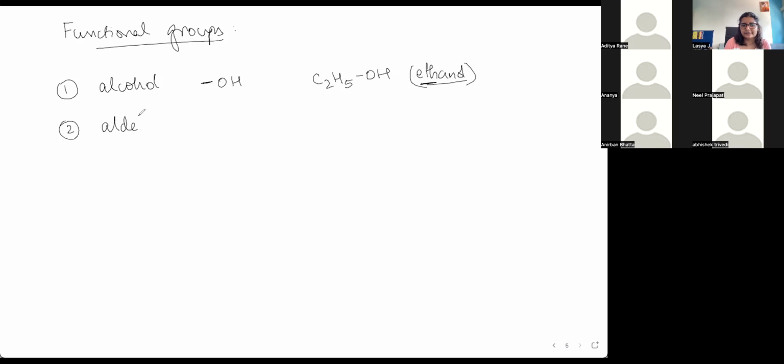Then you have aldehyde. Aldehyde is when it ends in CHO. CHO means C double bond O, and H. So this is the structure. Neki is asking, is alcohol a functional group or a homologous series? Alcohol is a homologous series, just like alkanes, alkenes, alkynes. The first member is CH3OH, the second member is C2H5OH, and you have C3H7OH.